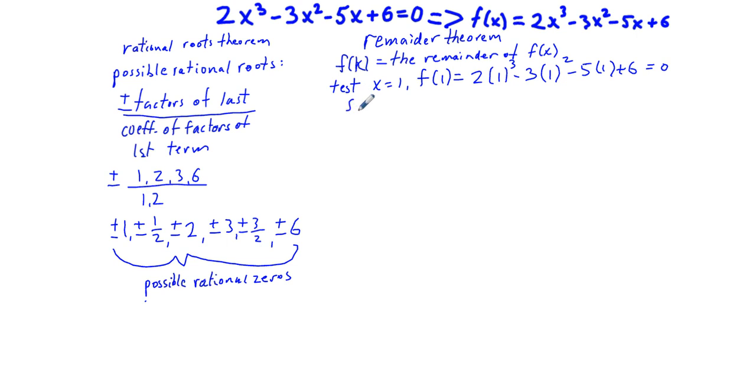So since f of k equals 0, then x minus k is a factor.